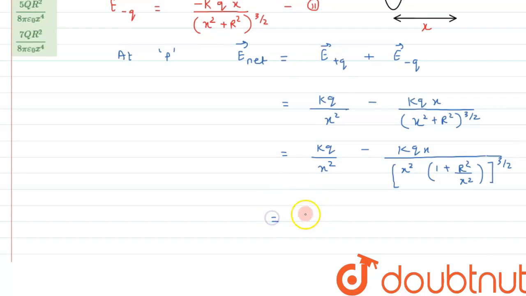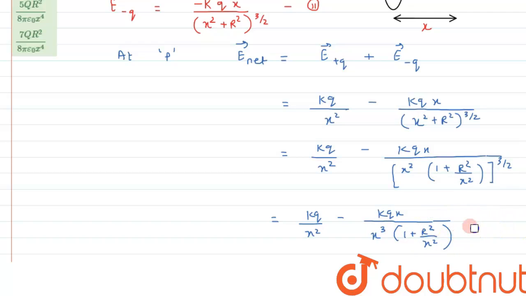So we can say kq by x square minus kQx divided by x cube, because x square comes out of the bracket, the root and the 2 get cancelled and the cube is left over here, and also r square by x square raised to 3 by 2.